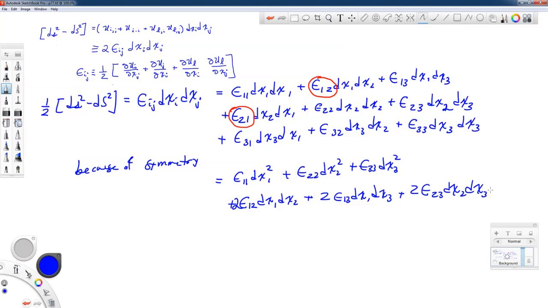Okay, so we have this strain thing with all these components in it, and somehow when we multiply that strain thing times these squared infinitesimal lengths, or combinations of them, dx1, dx2 for example, we end up being able to figure out what the change in the square of the length is between the deformed and the original configuration, with a factor of that half thrown in there too.